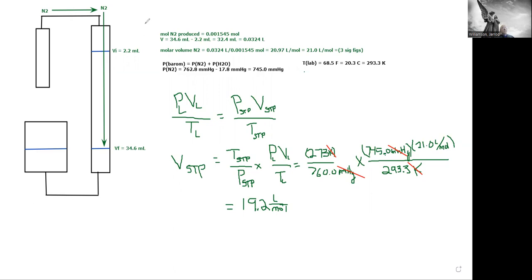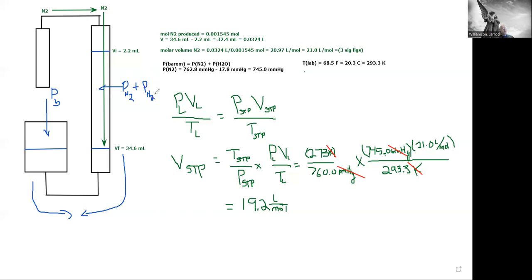Now, when the water levels are equal, that means that the pressure from the atmosphere pressing down, now that should be an open container, the barometric pressure, should be equal to the pressure of the nitrogen pushing the water down, plus the pressure of the small amount of water vapor that's in there too.